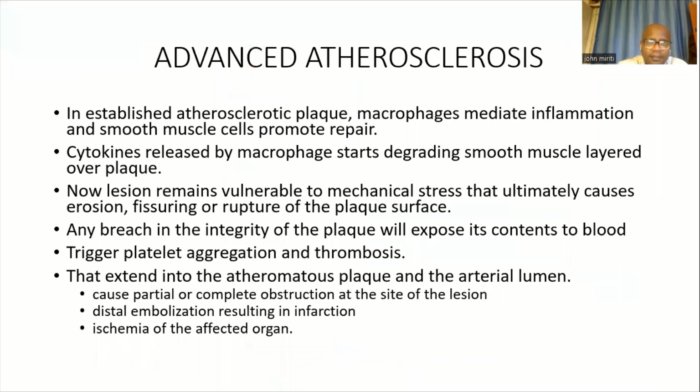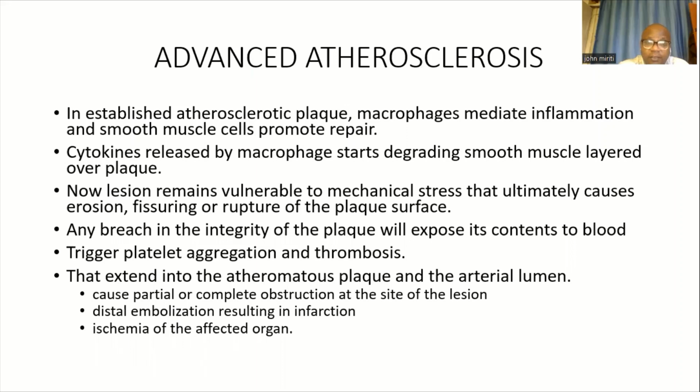So let us look at what is called advanced atherosclerosis, because we have just seen the primary atherosclerosis, or what is called early atherosclerosis. So, in an established atherosclerotic plaque, macrophage-mediated inflammation and the smooth muscle cells promote repair. So the repair is taking place, and this results in the deposition of these fibrous tissues. The cytokines released by macrophages start degrading the smooth muscle area of a plaque.